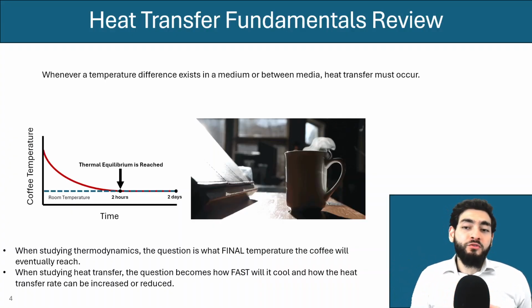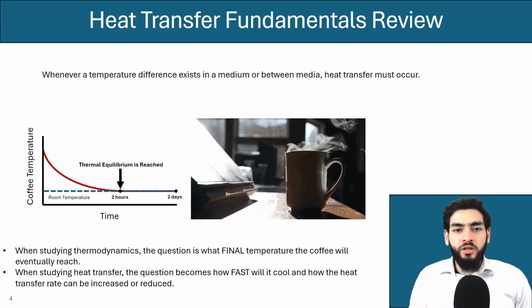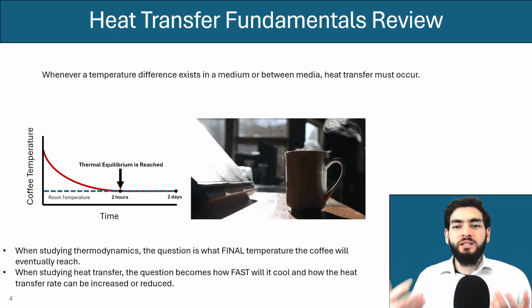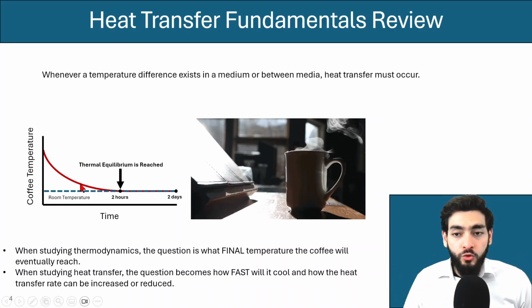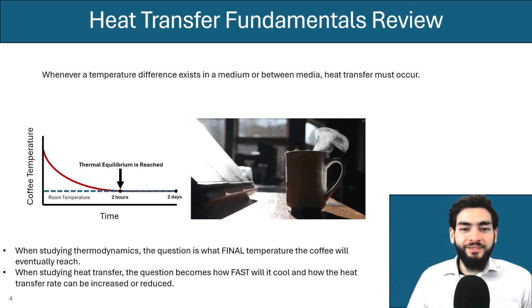Because as you know, if you want the coffee to stay hot for as long as possible, you could put insulation in the cup. And so you could get a different kind of cup to drink in. So these are options that you can do to manipulate the heat transfer rate and slow down the cooling of the coffee cup, because nobody wants to have a cold cup of coffee.